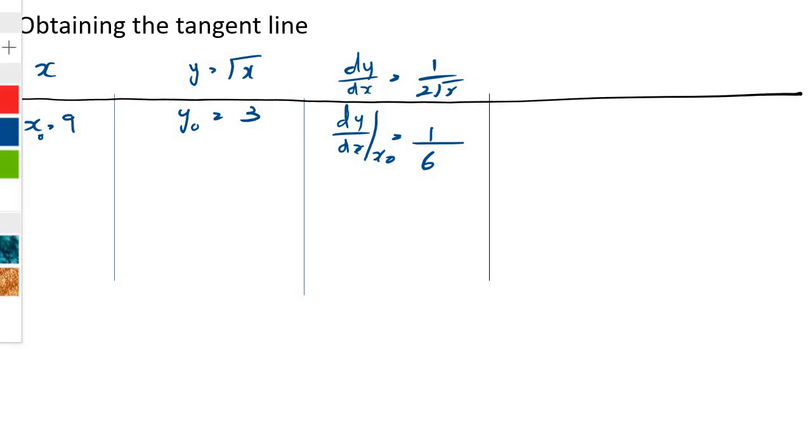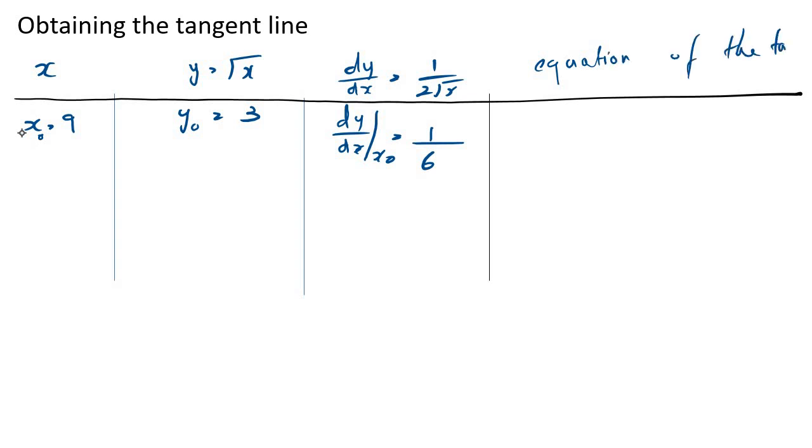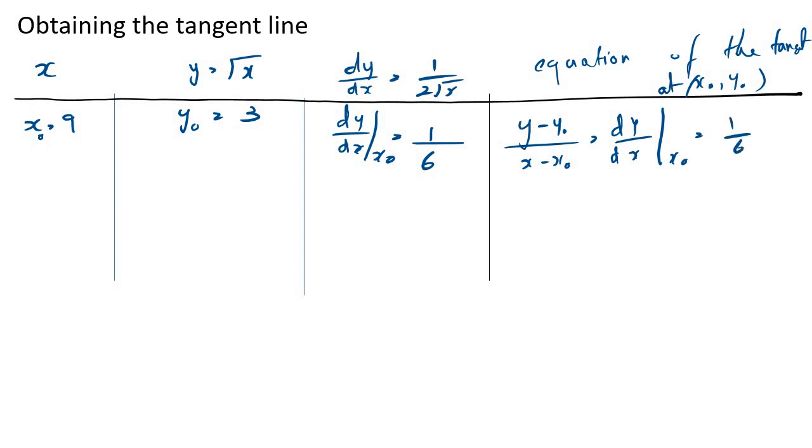So once we have the 1 over 6, the equation of the tangent at x0, y0 is (y minus y0) over (x minus x0) equals dy over dx at x0. So this is equal to 1 over 6. Let's substitute y0 and x0 from these values.